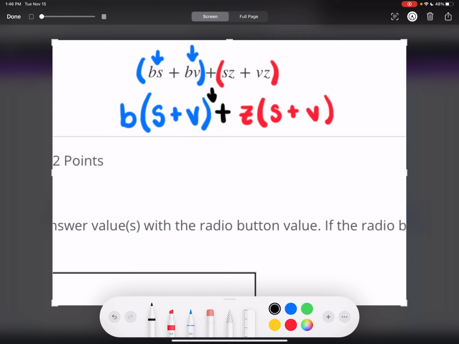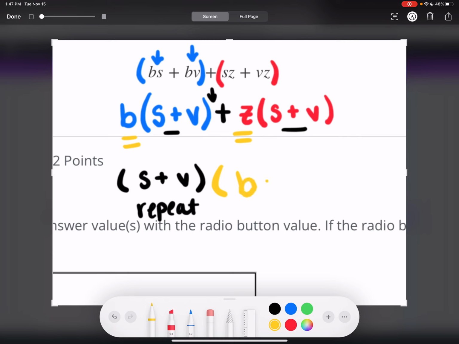Now that I have done that part, it will be factored by grouping if these parentheses match. And so I'm going to write down my repeat, which is going to be S plus V, and then write down my leftover, which is going to be B plus Z. And that would be what I would type in the blank.